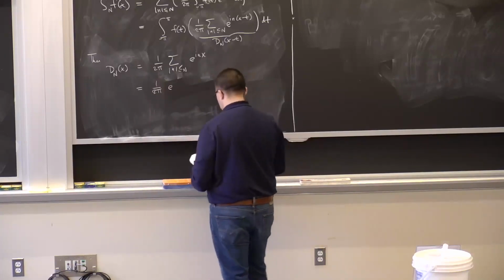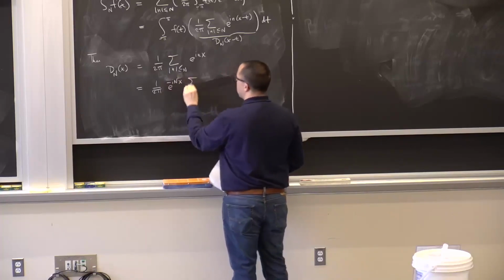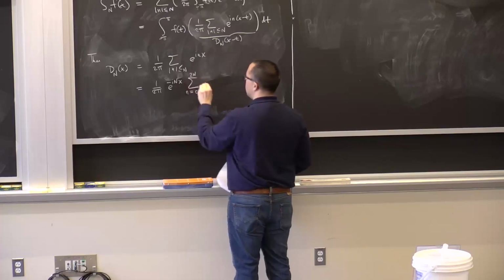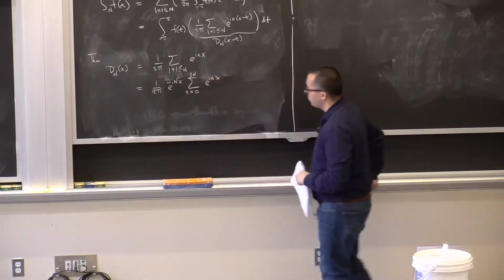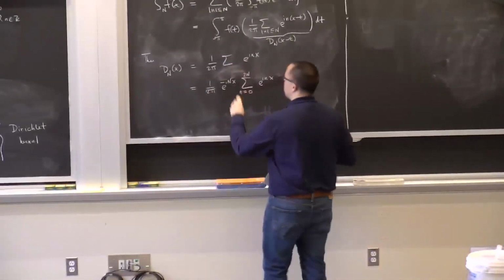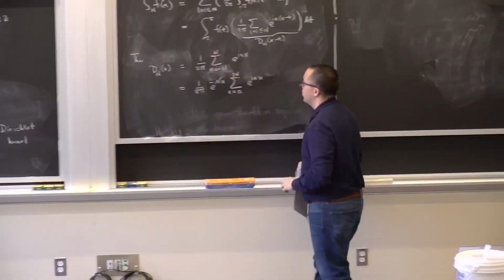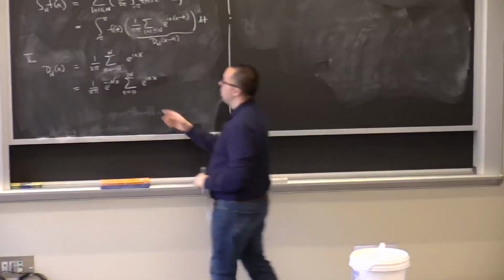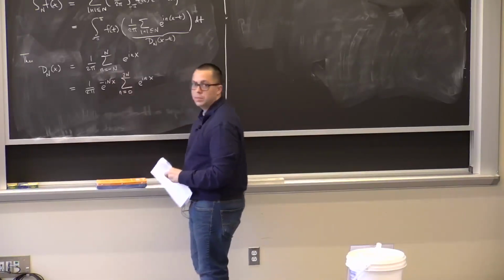We can write it as e to the minus i N x times the sum from n equals 0 to 2N of e to the i n x. This is a sum from, if you'd like, n equals minus capital N to N. All right, so if I factor out an e to the minus i N x, I can write this sum as this sum.